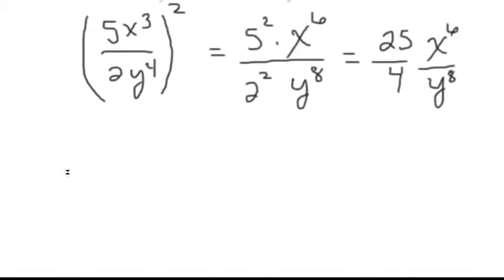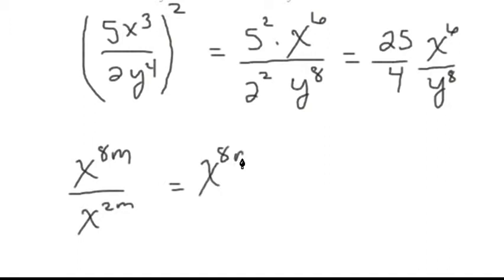Okay, last one. X to the 8m over x to the 2m, and we want to simplify this down. Taking this into the numerator, this becomes x to the negative 2m. So whatever the sign is out front, when you switch it from numerator to denominator, the sign always changes.